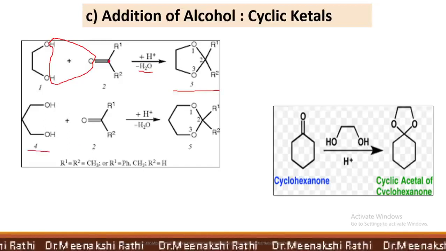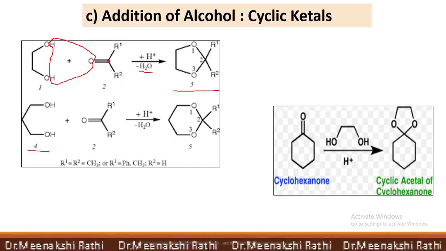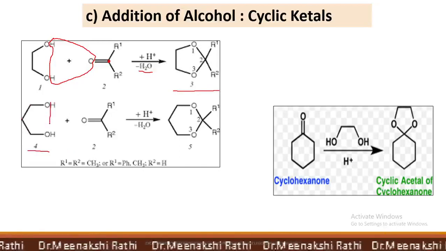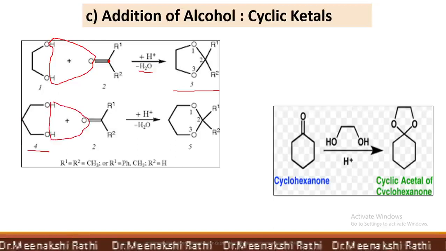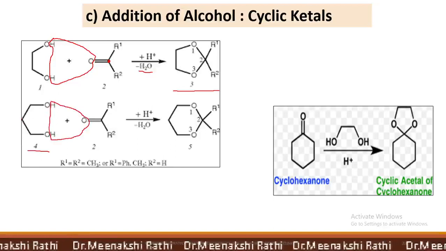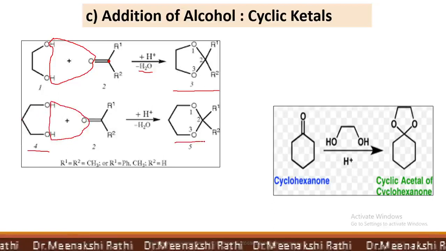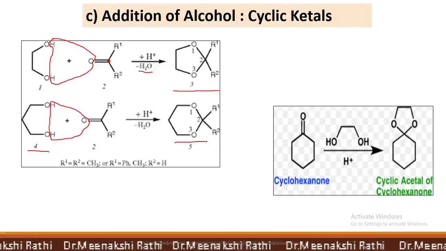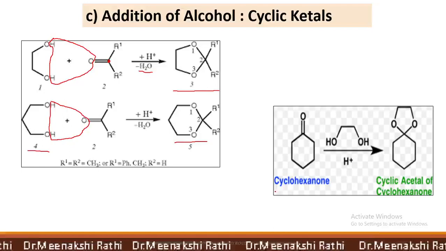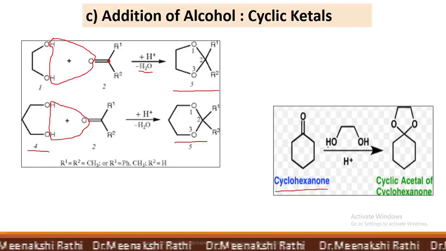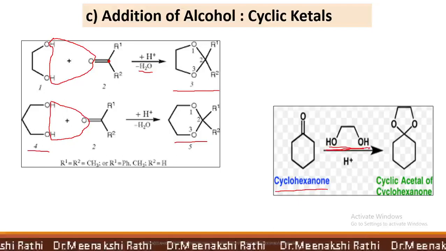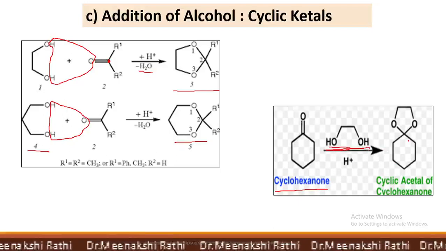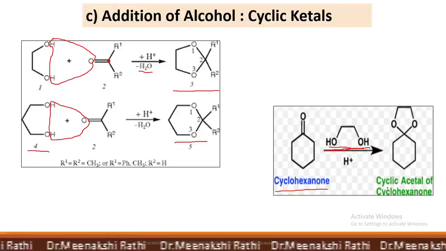Another example, see here, OH, CH2, CH2, OH. Here again what will happen? These hydrogens and oxygens are removed and these are attached like this. These are the cyclic ketals. Cyclohexanone, when it reacts with a 1,2-dihydroxy alcohol, here also we get a cyclic acetal of cyclohexanone.